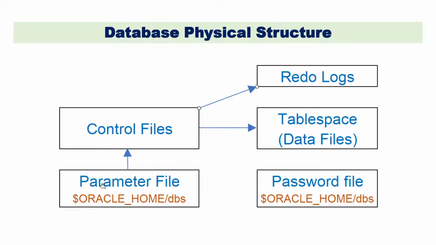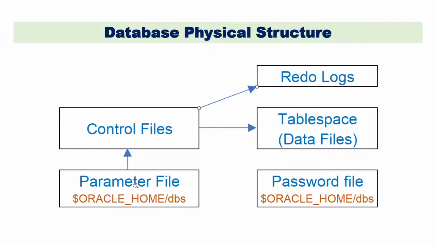The parameter file has a parameter called control_files, which specifies where your control file is located. So once the parameter file is read, it reads the control files, and once the control files are read, it opens the tablespaces and redo logs. The password file is also read at the beginning of the instance.